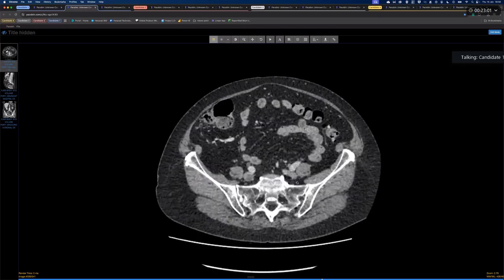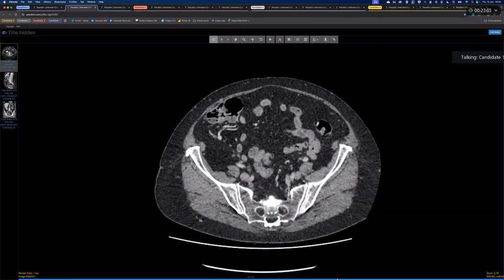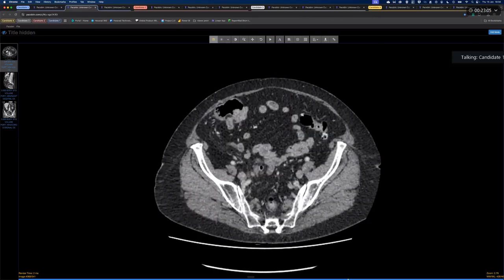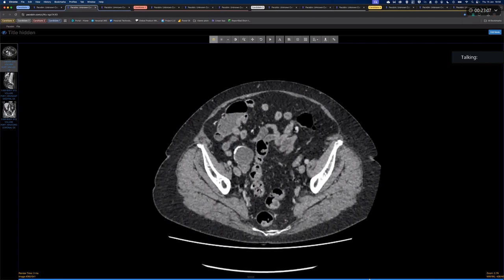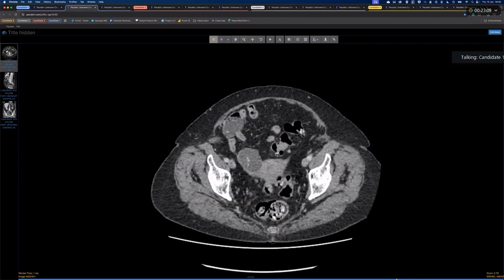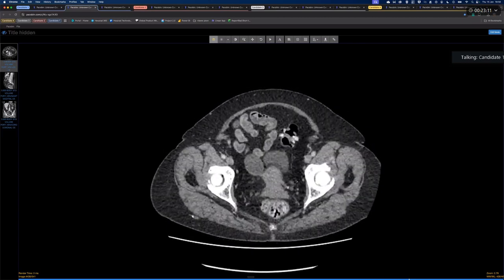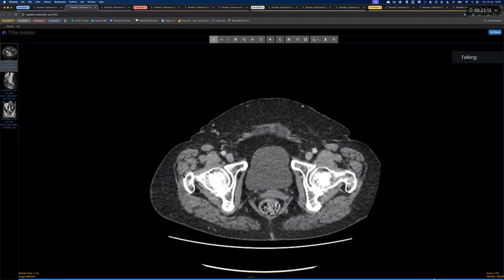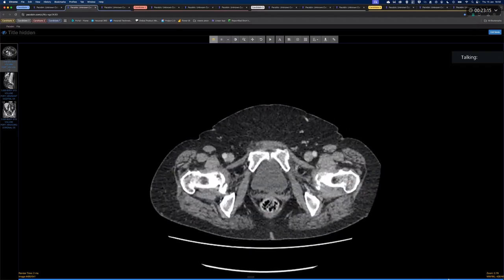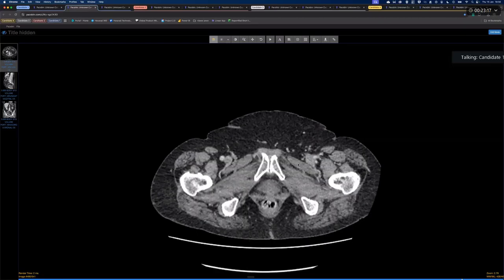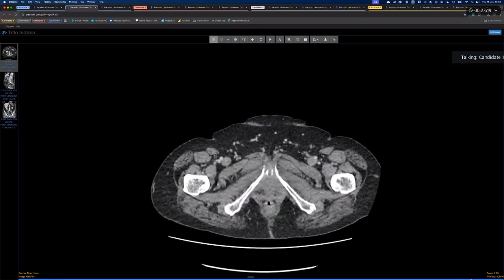And as I go through the images, I couldn't appreciate any bowel obstruction. There is no ascites, no omental thickening. The hernial orifices are intact.